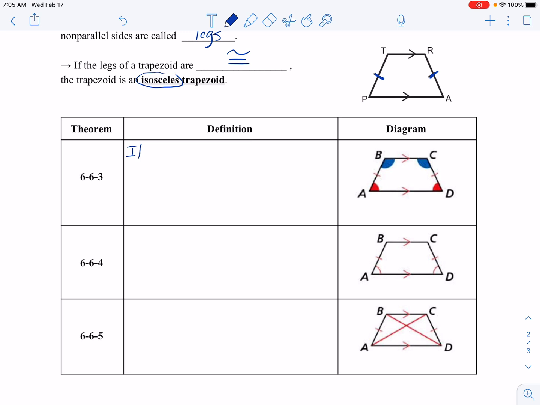If a quadrilateral is an isosceles trapezoid, then each pair of base angles are congruent.